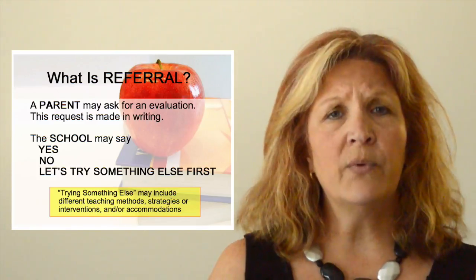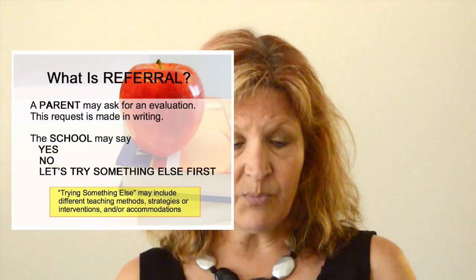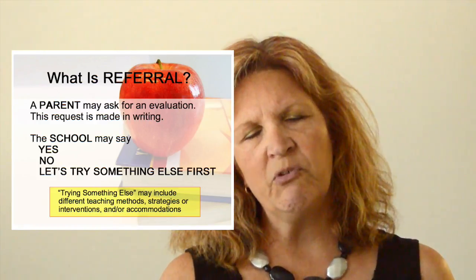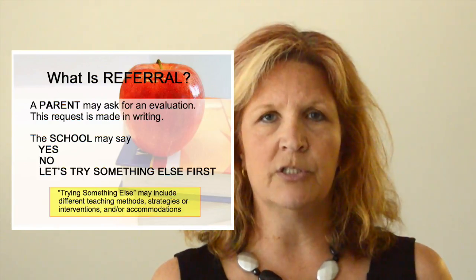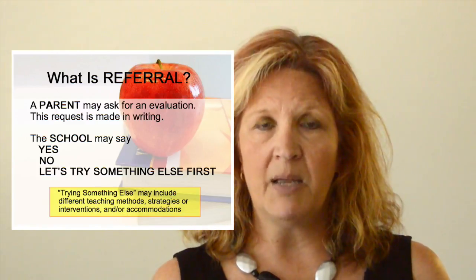Now, if your child is already receiving some strategies and interventions from their student support team or SST team, the team may say, before we do the evaluation, let's try some different interventions and strategies. Let's put some additional things in place and see if that might be helpful for your child. And any information that gets gathered for that can be very useful in the evaluation process if it's still determined that an evaluation is needed after that.